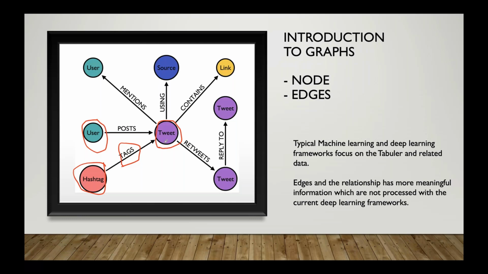For example, a user as a single node could have multiple details as features specific to the user. It could have a username, whether he is male or female, what date he registered with Twitter, what date he is posting, what date he last posted, and so many details are being represented. These details represent features specific to that particular node. The features are not only for the nodes but also for the edges as well.